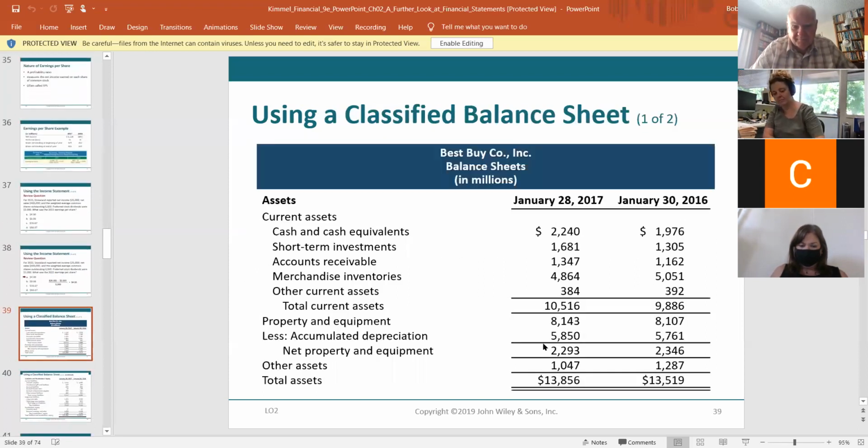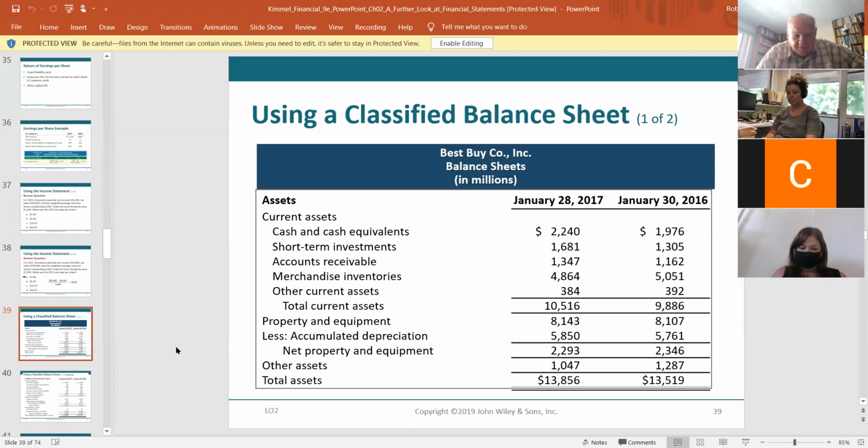Earnings per share. Using a classified balance sheet. Uh-oh, we're back to this again. The classified balance sheet. Why is it classified? Because it takes the current assets and isolates them. It isolates the property and equipment, the other assets. It's classified.